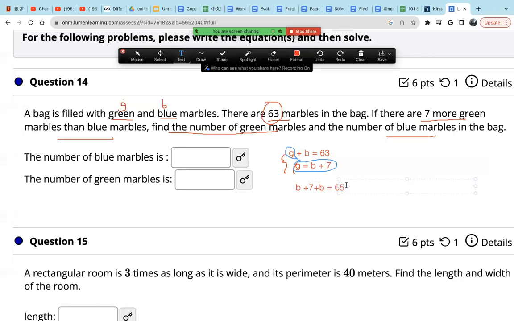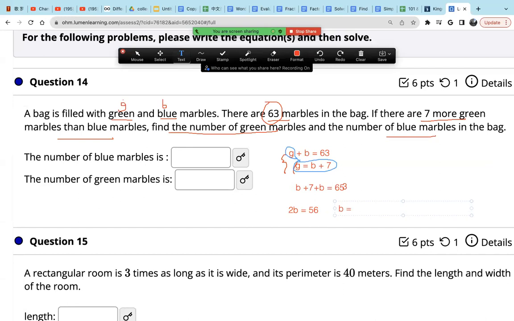63. Okay. So simplify, I get 2B equals 63 minus 7. Right? That's 56. Then divide by 2 on both sides.